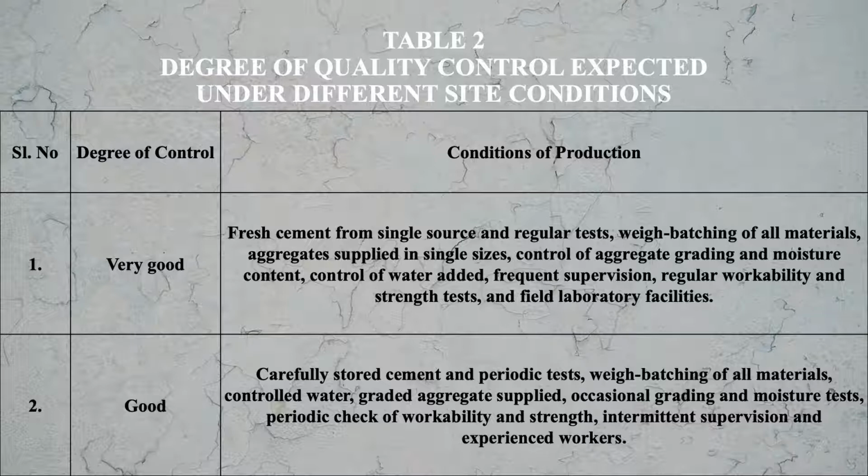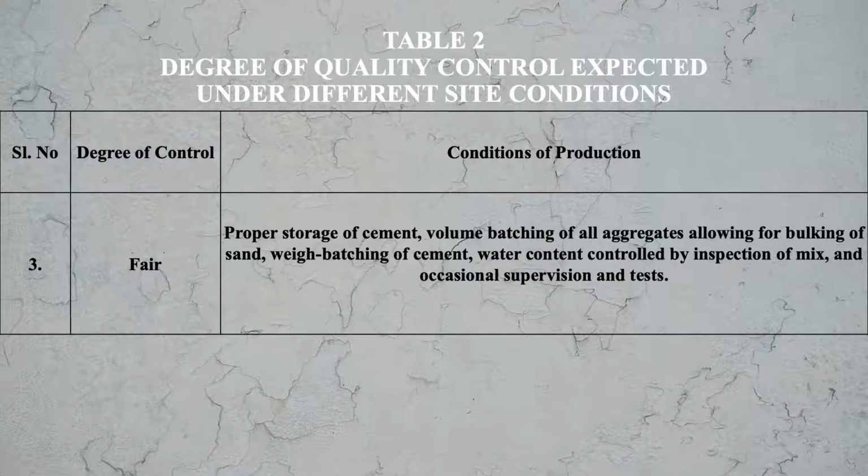Then in case of fair control, what is expected? Proper storage of cement is there, volume batching of all aggregates allowing for bulking of sand, weigh batching of cement, water content controlled by inspection of mix, and occasional supervision and tests are done. So these are the conditions matching with fair quality control.